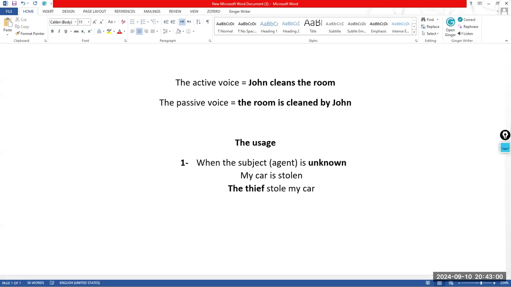The second usage is when the subject, or maybe the agent, is known. Let me give you an example.